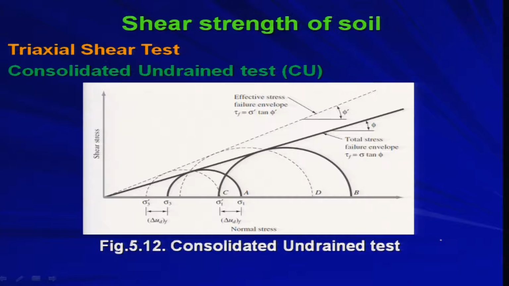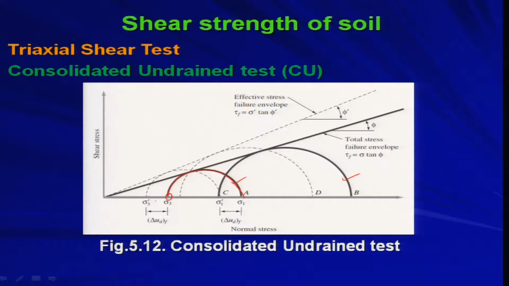So these two solid Mohr circles are talking about the total stress at different confining pressures, at different cell pressures. If you consider this small circle, at that time your confining stress was sigma 3, that is here, right, that means the total minor principal stress was here.